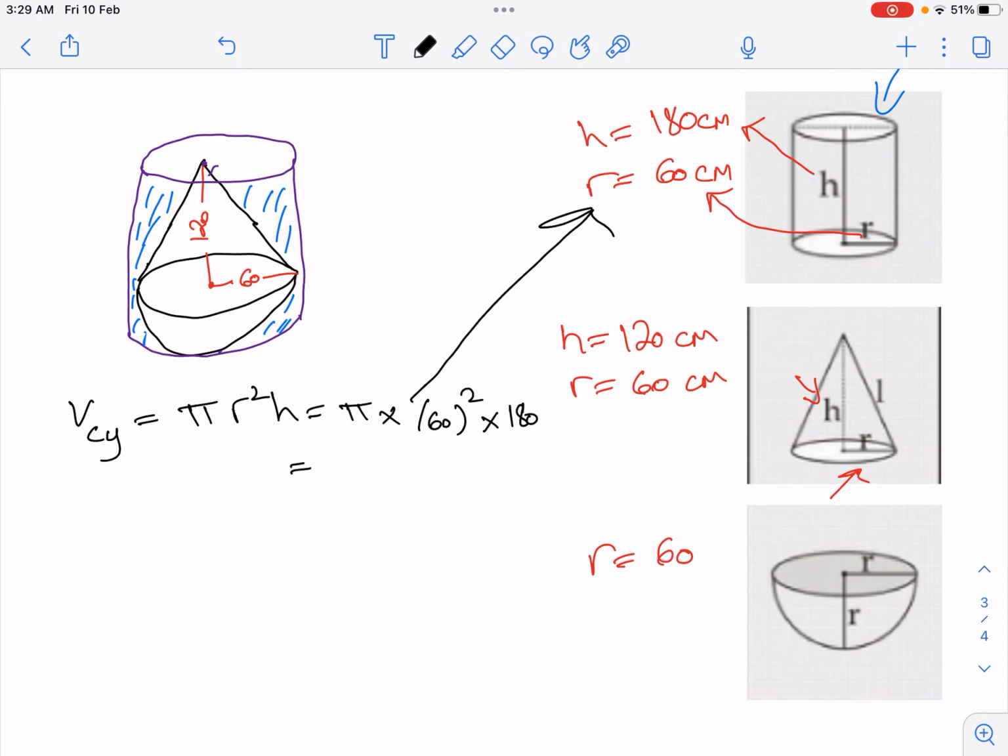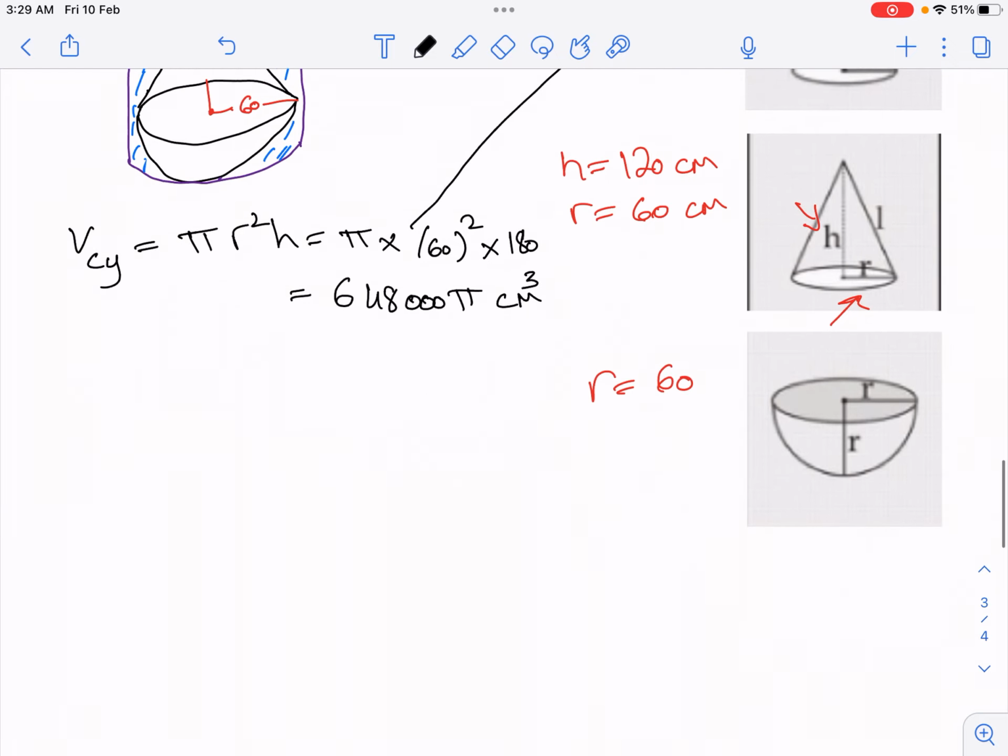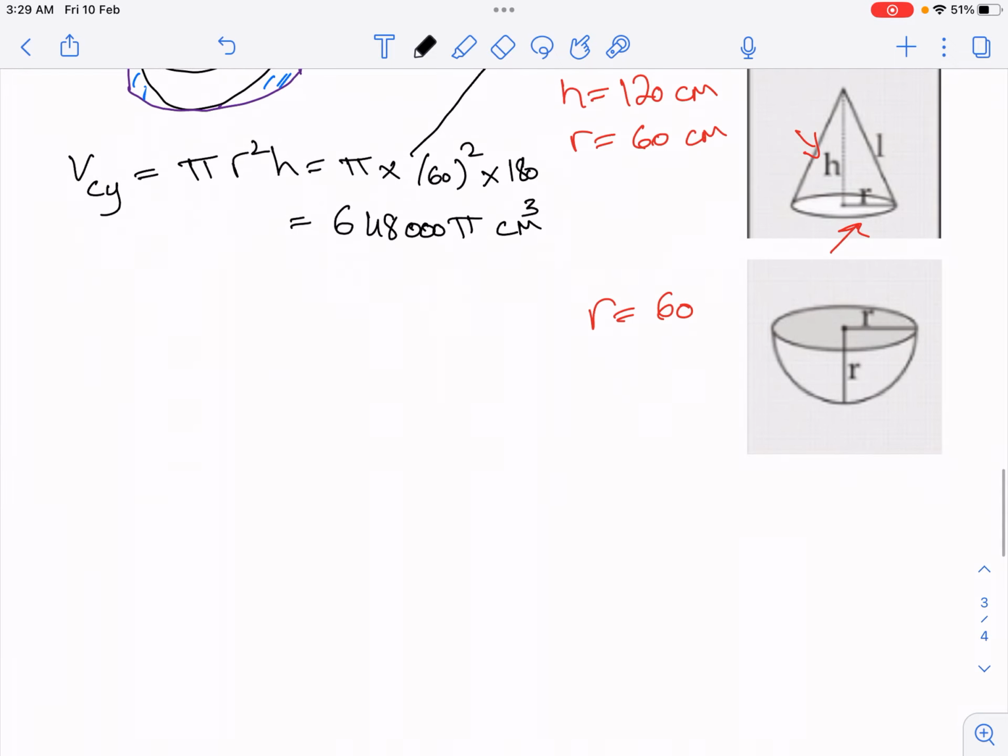Let me use my calculator: 60 squared multiplied by 180 gives 648,000 pi centimeter cube.